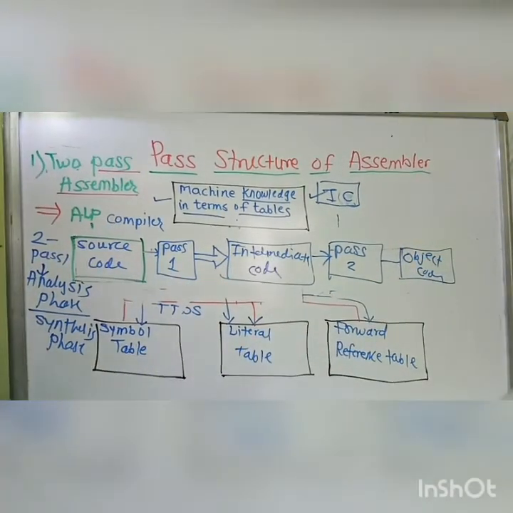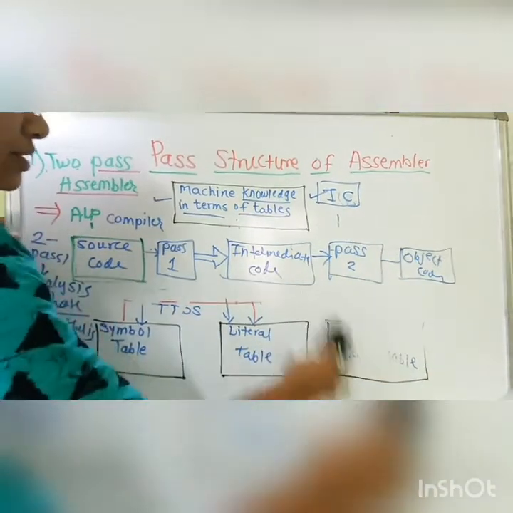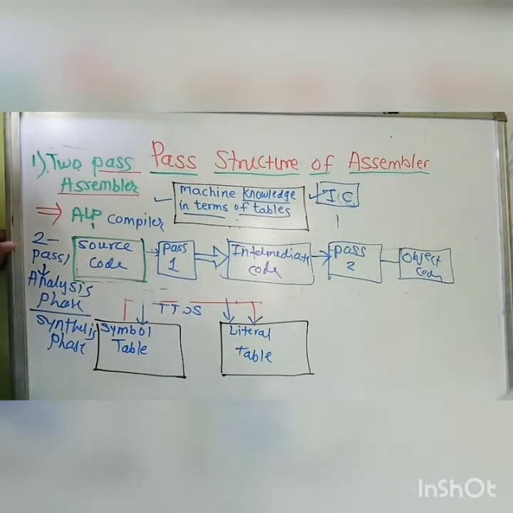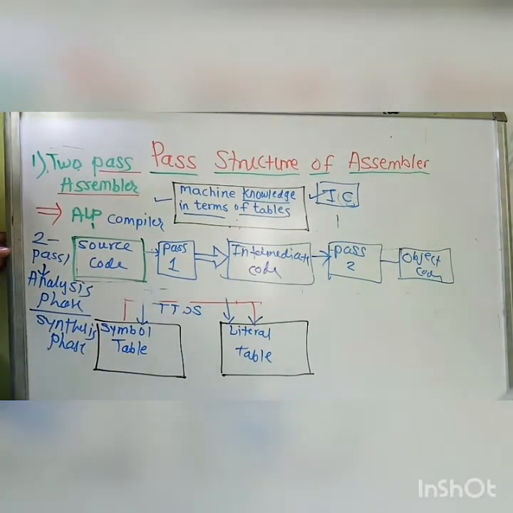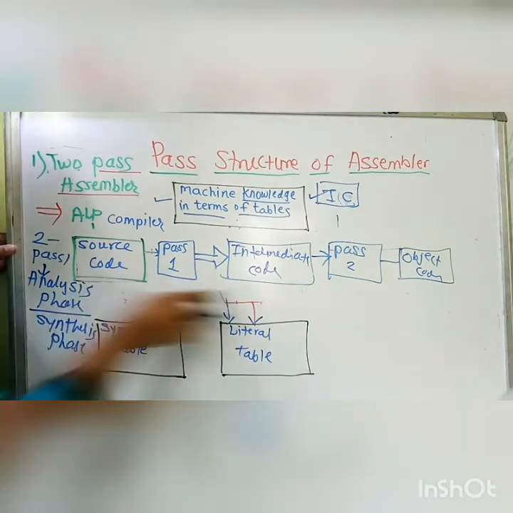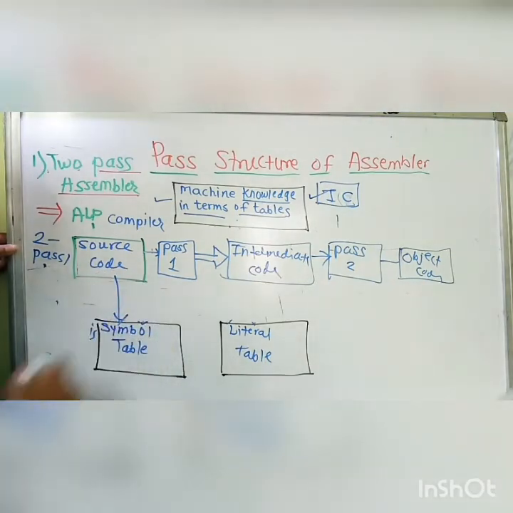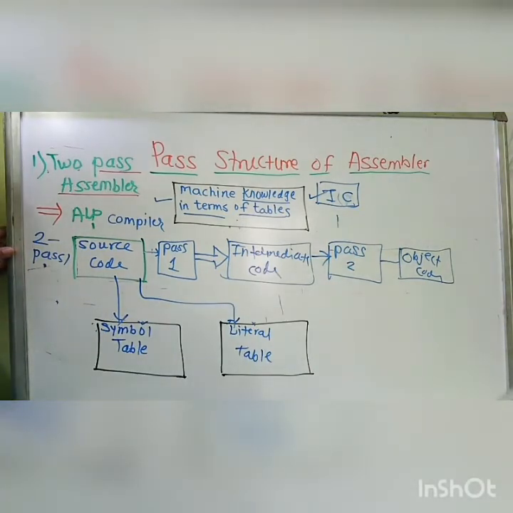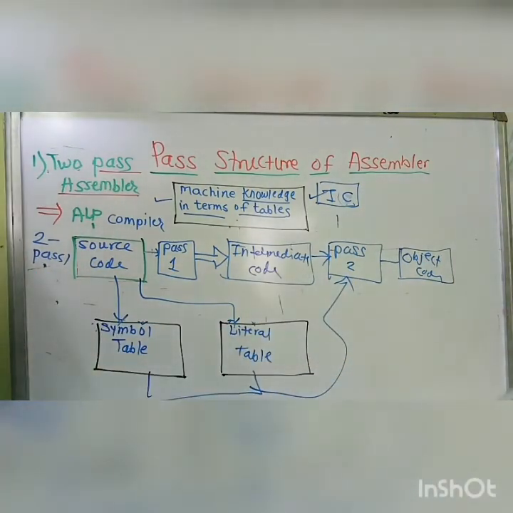Meanwhile, as with the previous data structures, the symbol table and literal tables are also used here. Both pass 1 and pass 2 use the symbol and literal tables. We give symbols to the symbol table and literals to the literal table, and they are collectively given as input to pass 2, which is the synthesis phase.